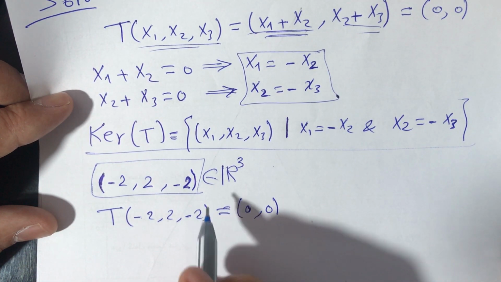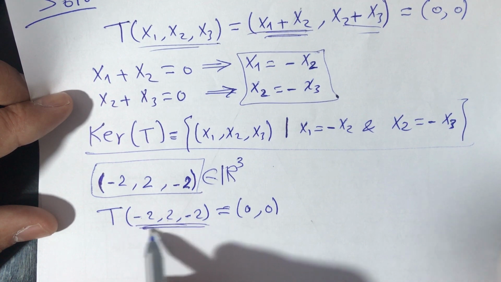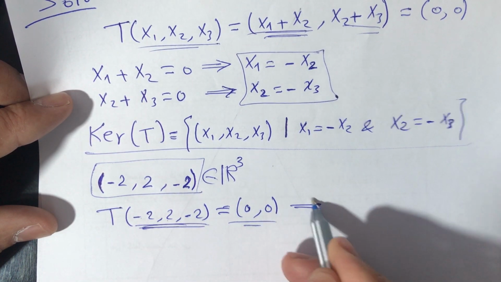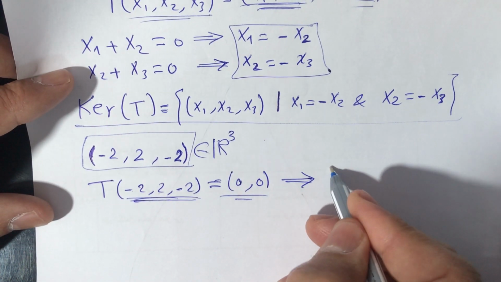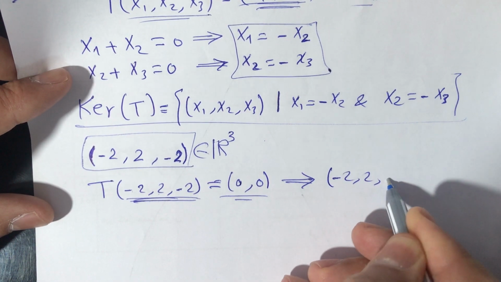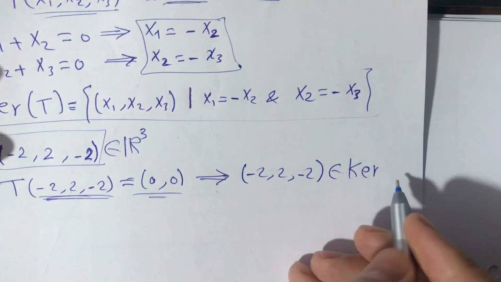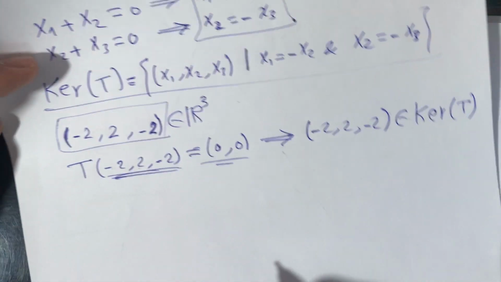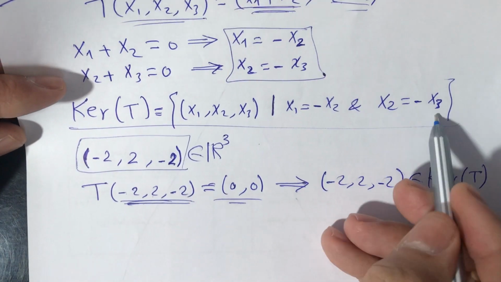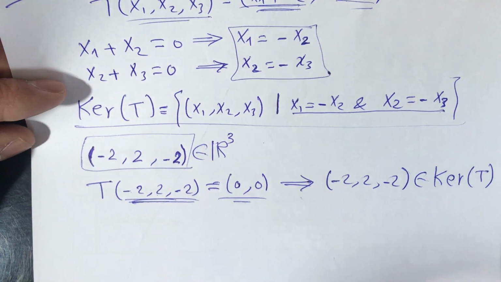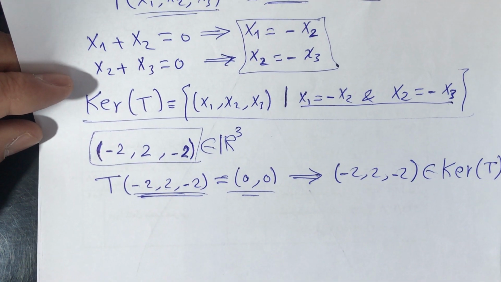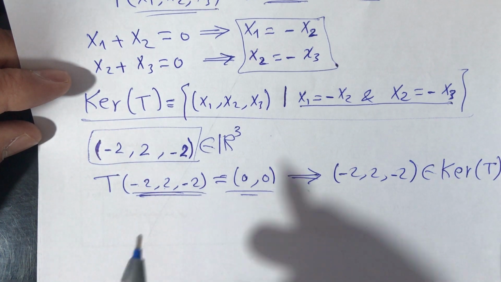So the image of this point is 0. This implies that the point (minus 2, 2, minus 2) belongs to the kernel of T, and so on. Any point satisfying these two conditions belongs to the kernel of T.